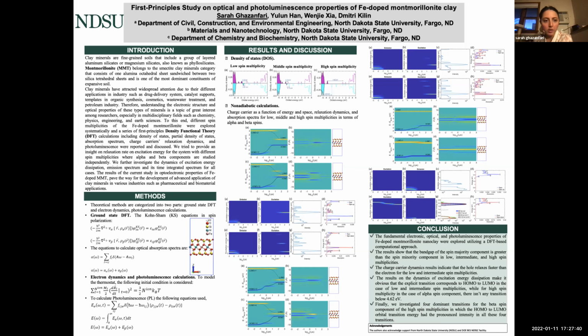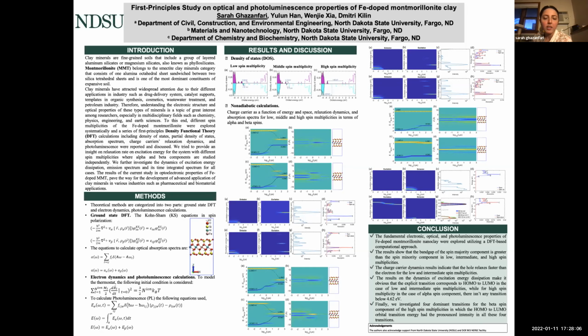The application, I think these clay minerals, the montmorillonite, I think they are good candidates in some pharmaceutical, biomaterial applications, because they also have some properties that are good for catalysis, something like that.